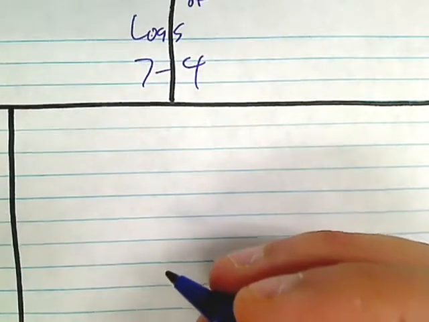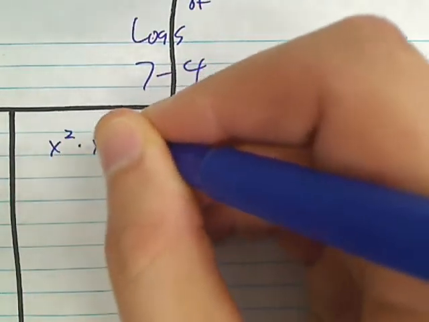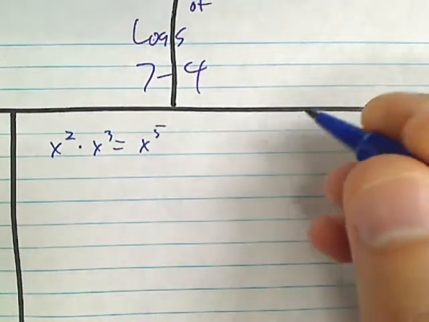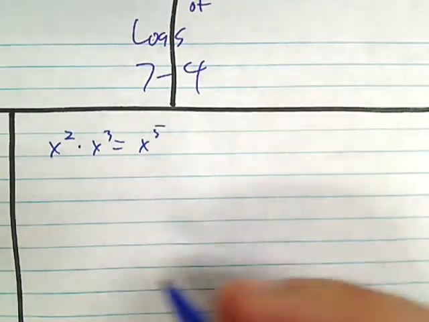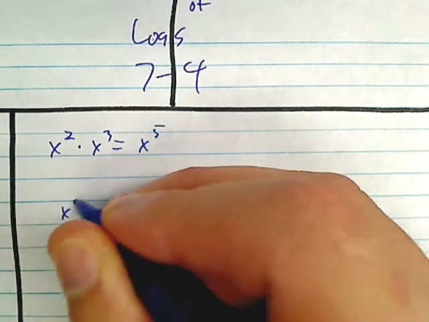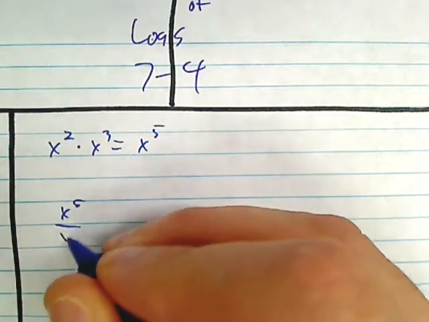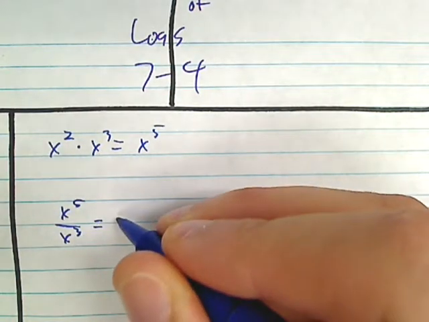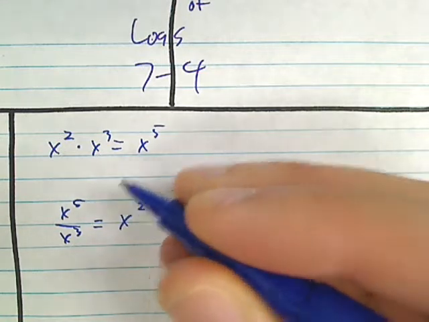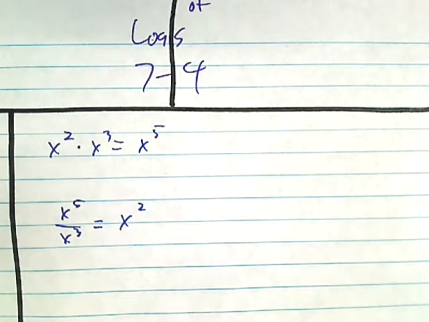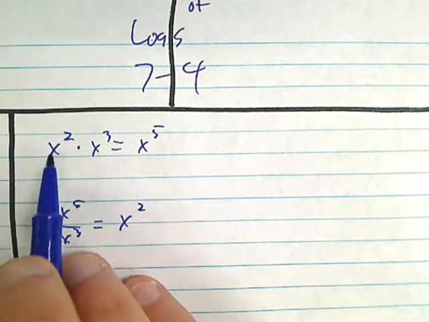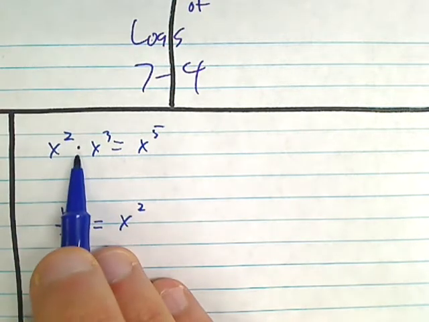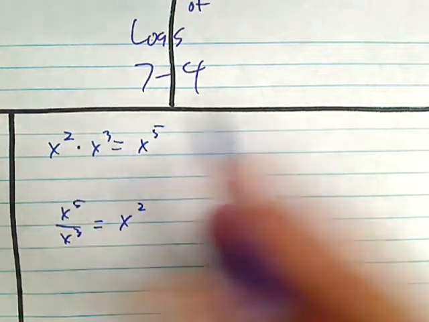So let's practice. First I want to look at a couple of old rules that dealt with exponents, and we're going to invert them. So x squared times x to the third is x to the fifth. And x to the fifth over x to the third gave me x to the second. When we're multiplying the bases, we add the exponents.